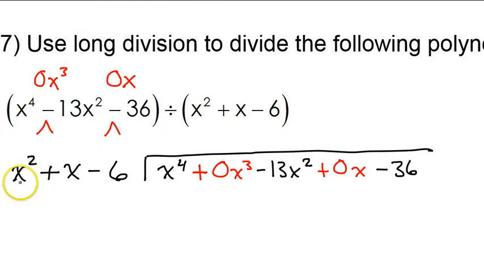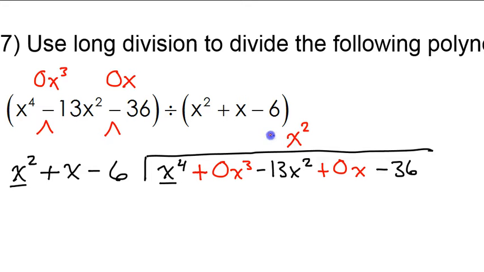So we look at the first term of each expression. So x squared times what will give me x to the fourth power? Well, that is going to be x squared. I'm going to line up my like terms, so I'm going to put my x squared right here.